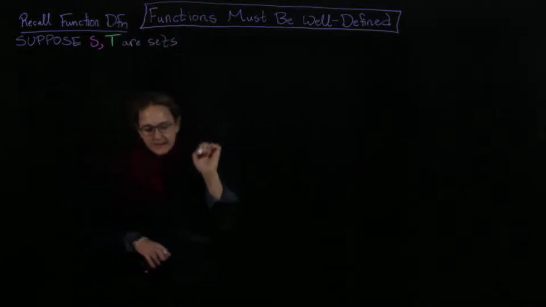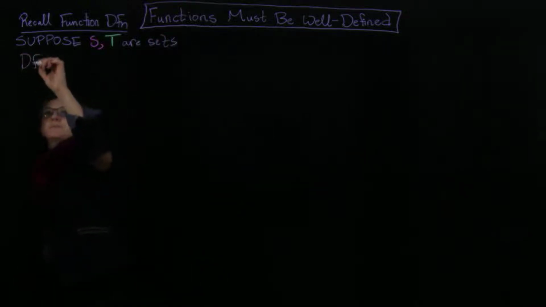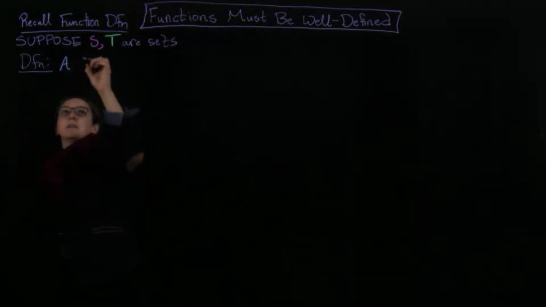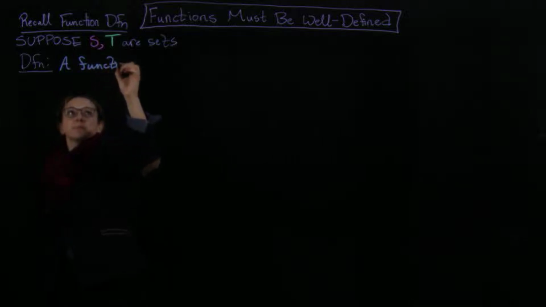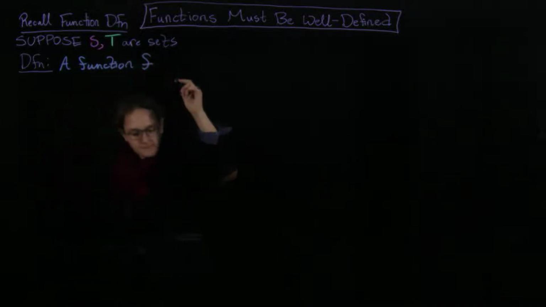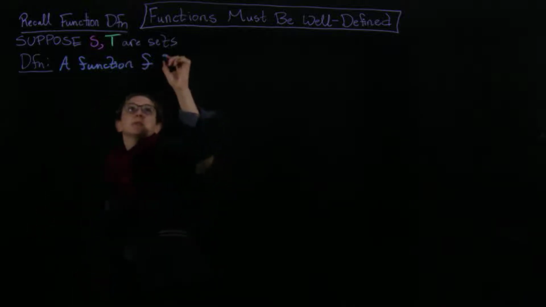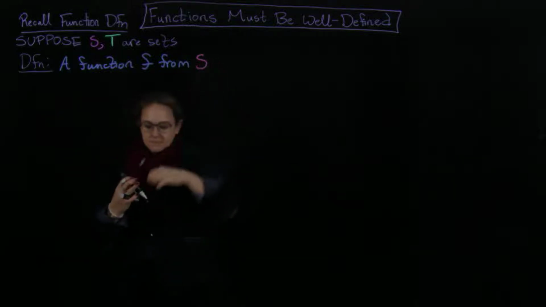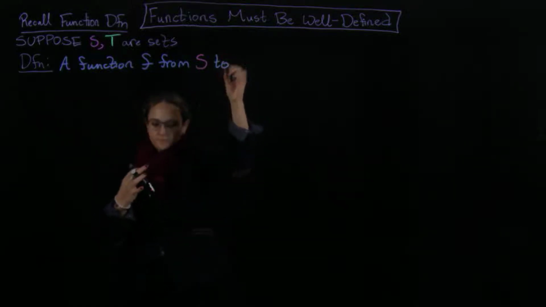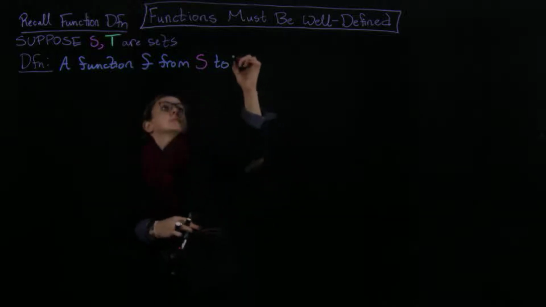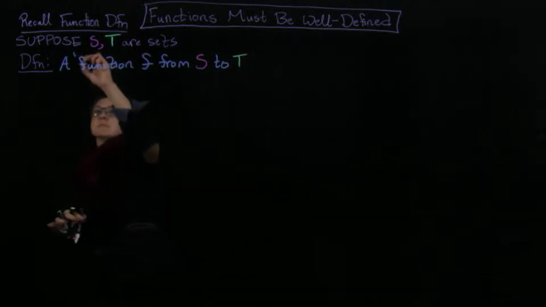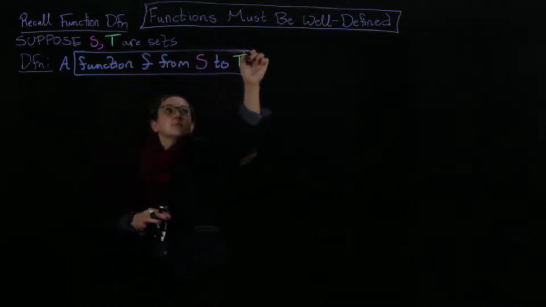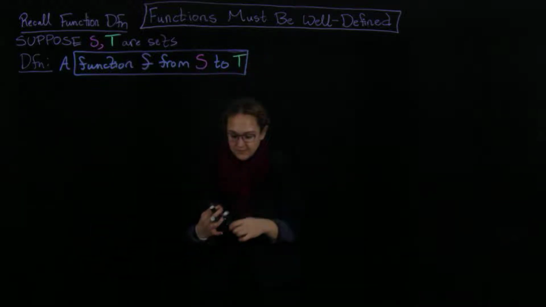Then we had the definition: a function f from S to T. So what did it mean to be a function from S to T?